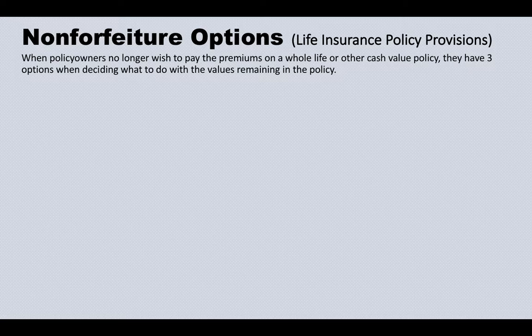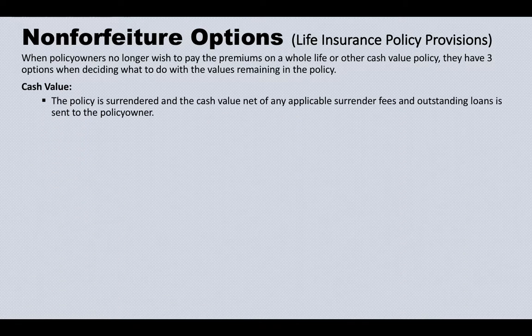They have three options when deciding what to do with the value remaining in the policy. The first one is the cash value. The policy is surrendered and the cash value, less any applicable surrender fees and outstanding loans, is sent to the policy owner.